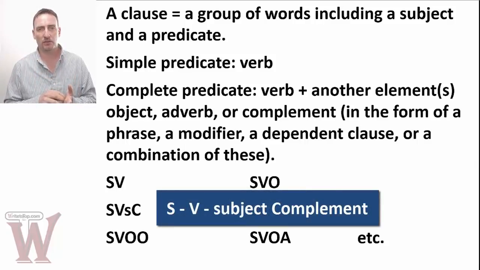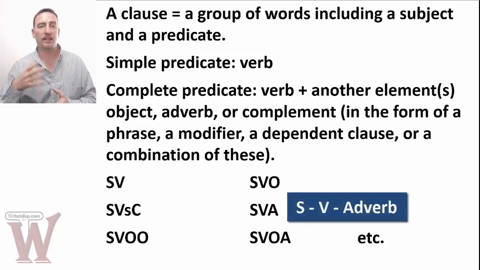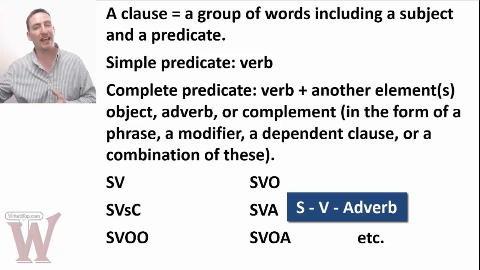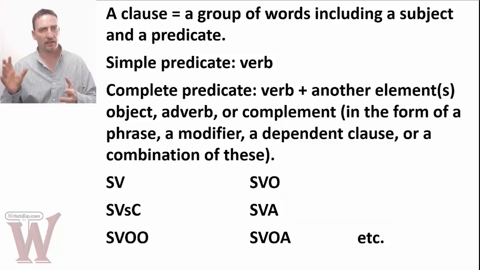Subject complement, and then again, all of this depends on the type of verb you're using, and we're going to look at that in a moment. The subject complement completes the meaning of the subject, or adverb, subject, verb, and adverb and ending to complete the meaning of the verb. The adverb could be an adverb word, simple adverb directly, or it could be a phrase, or it could be another clause, etc.